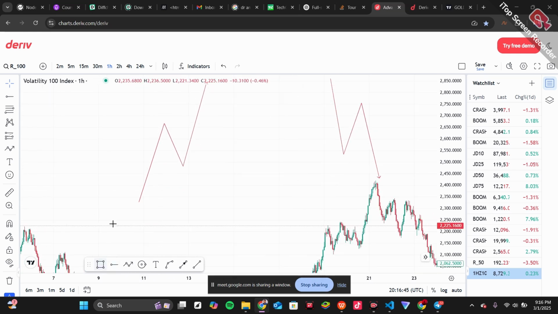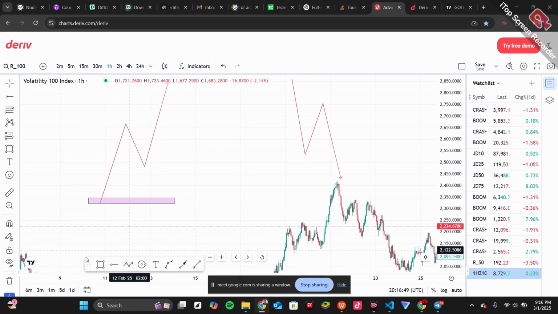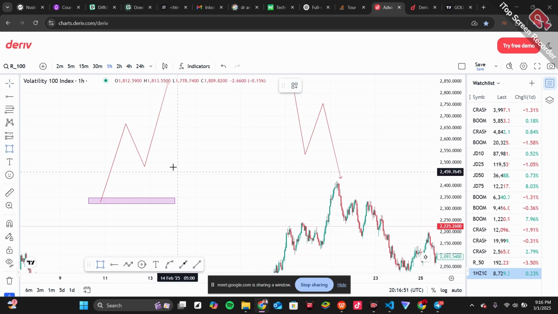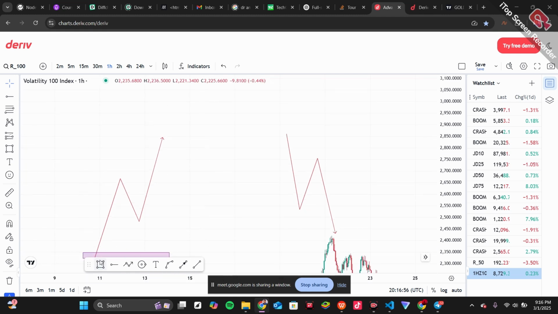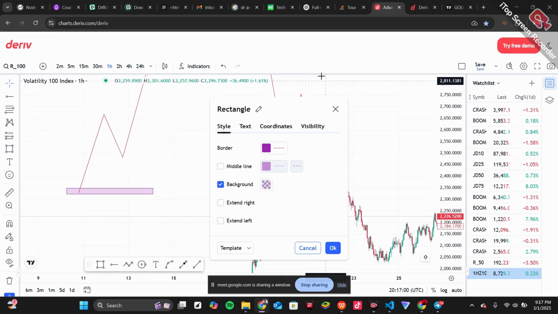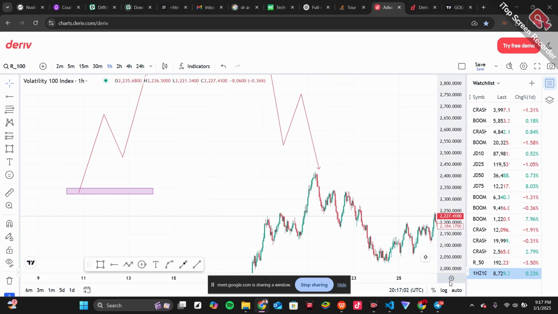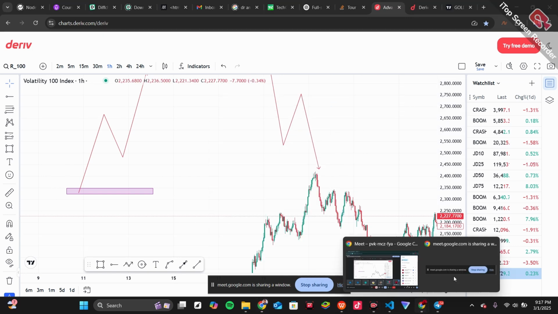So yeah, the demand zone. Here is the sell zone. So this pattern works on synthetic indices.